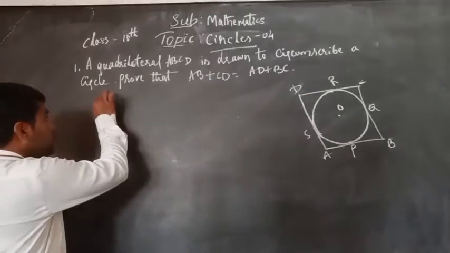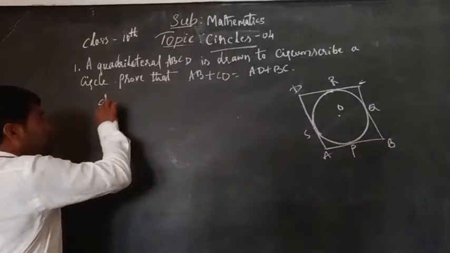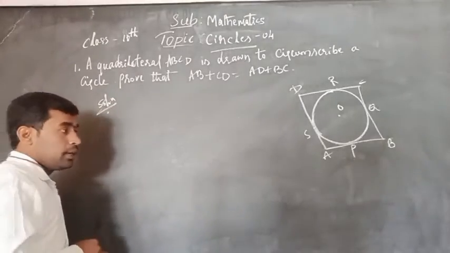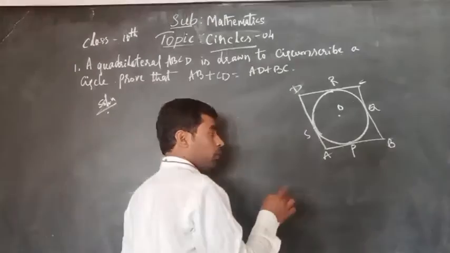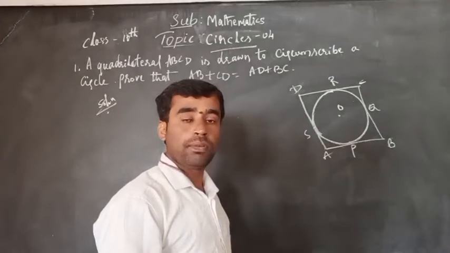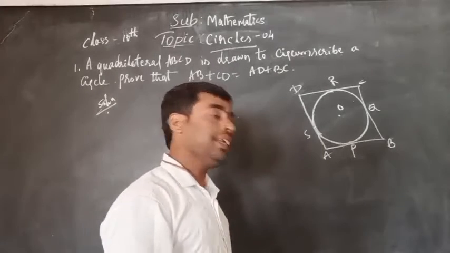To prove this, here I will take a tangent. You know that the tangents drawn from an external point to a circle are equal.